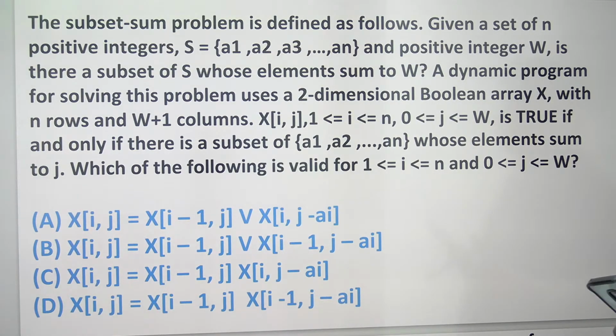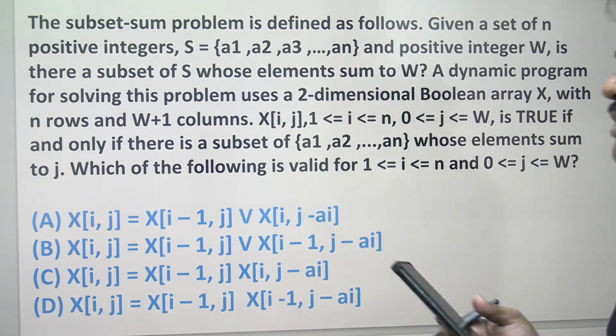X[i][j], for i ranging from 1 to n and j ranging from 0 to w, is true if and only if there is a subset of a1 to an whose elements sum to j. Which of the following is valid for i ranging from 1 to n, j ranging from 0 to w?